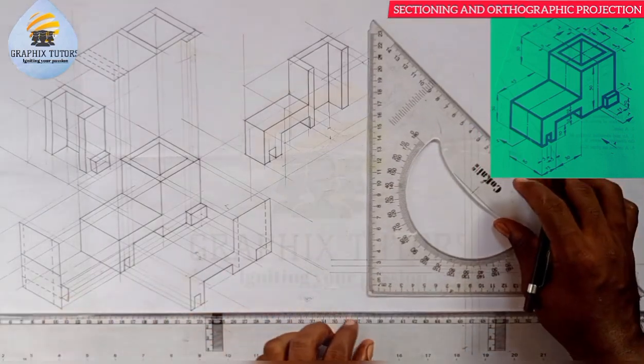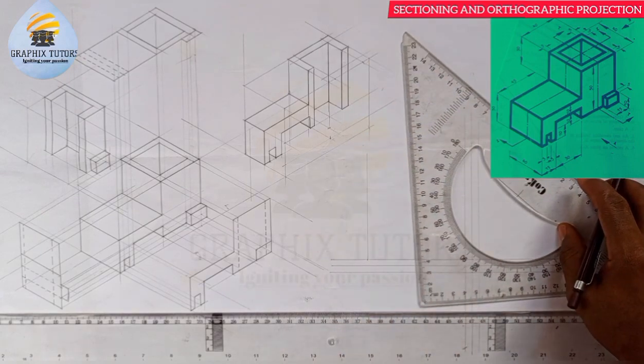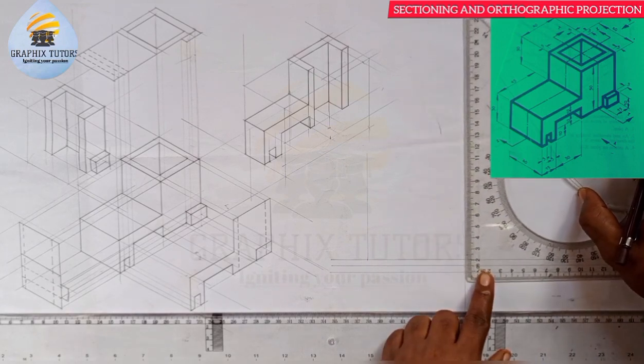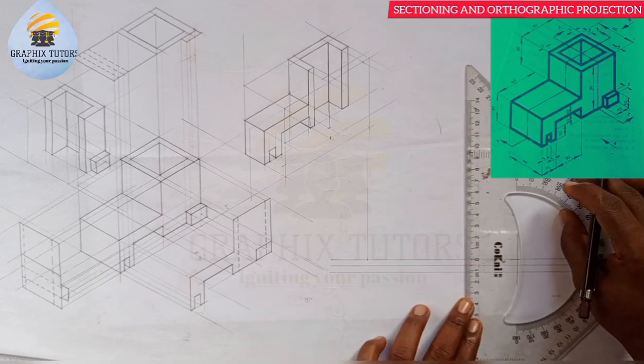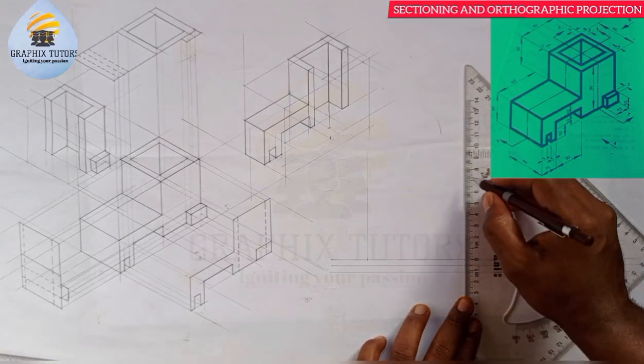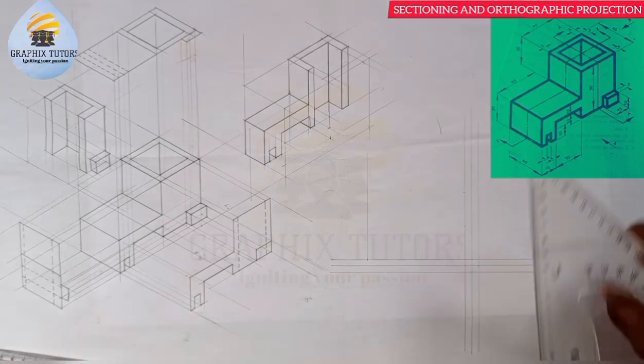And I'll take it up. And the total height here is given to be 60. 30 plus 30 is 60. So I'm going to measure 60 upward. This is 60 here. And I'll close it up.